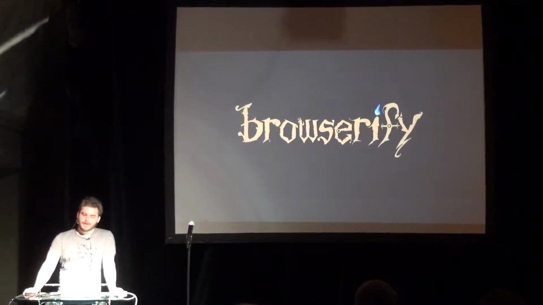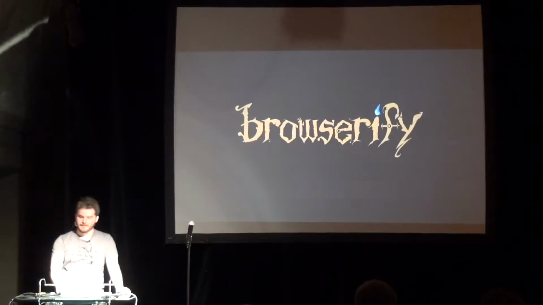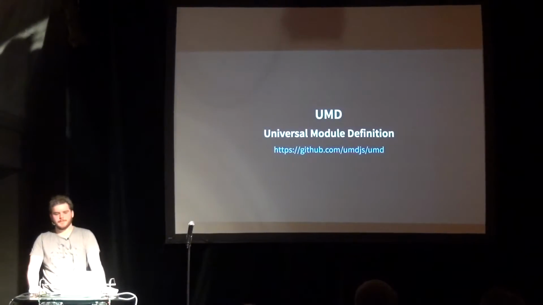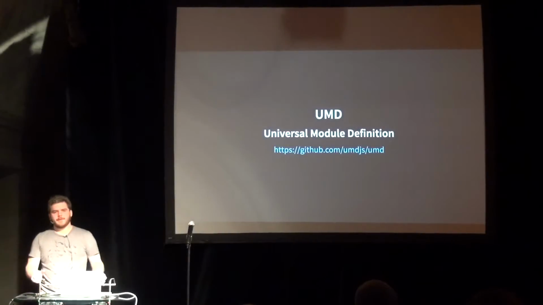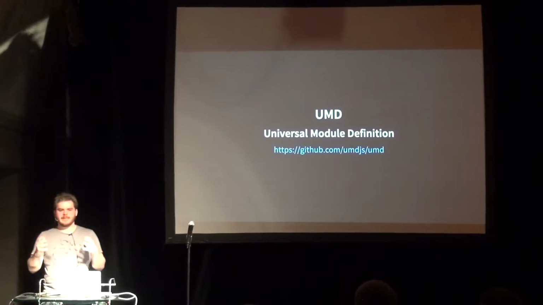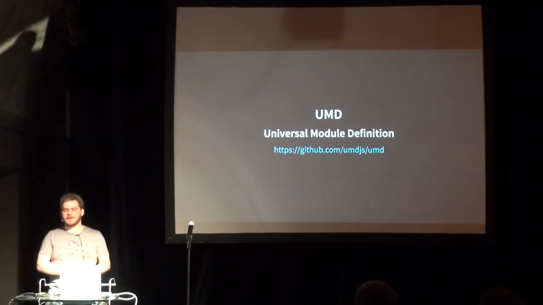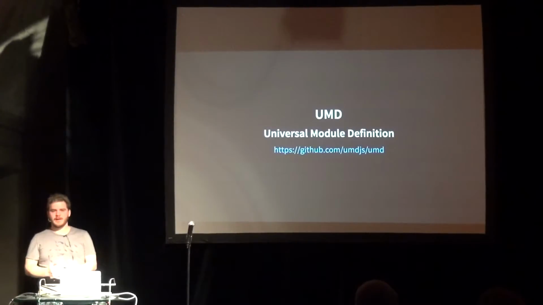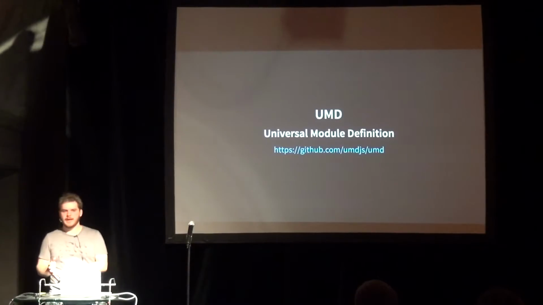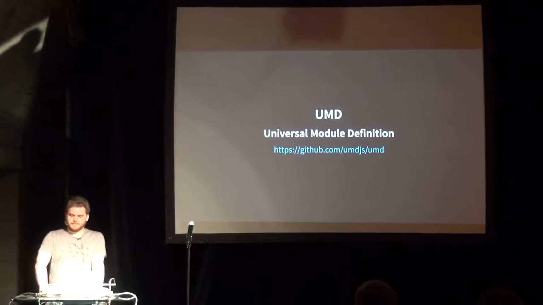The other solution which came to this problem, so Node.js module system versus AMD, is the so-called universal module definition. So in the previous solution, we always had this, we need to transform the module system, but now the idea is like perhaps we can write our module in a way that it can be consumed by the browser and it can be consumed by the Node.js module system.